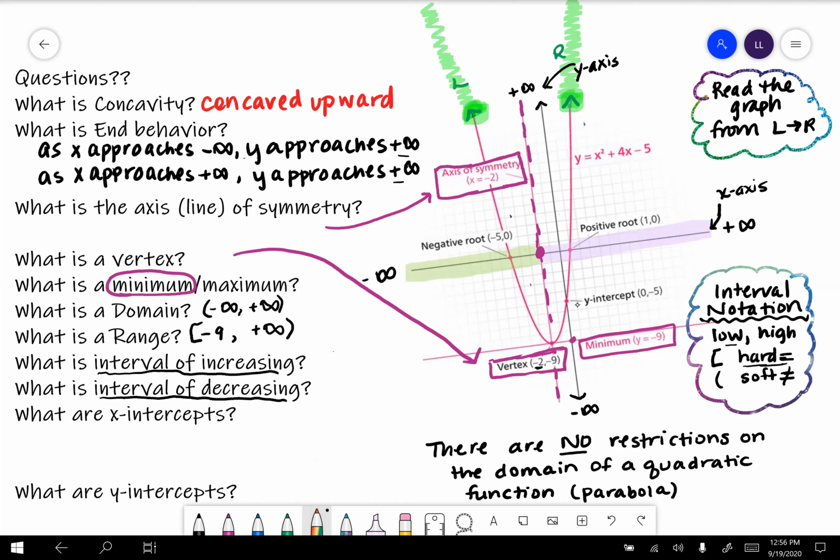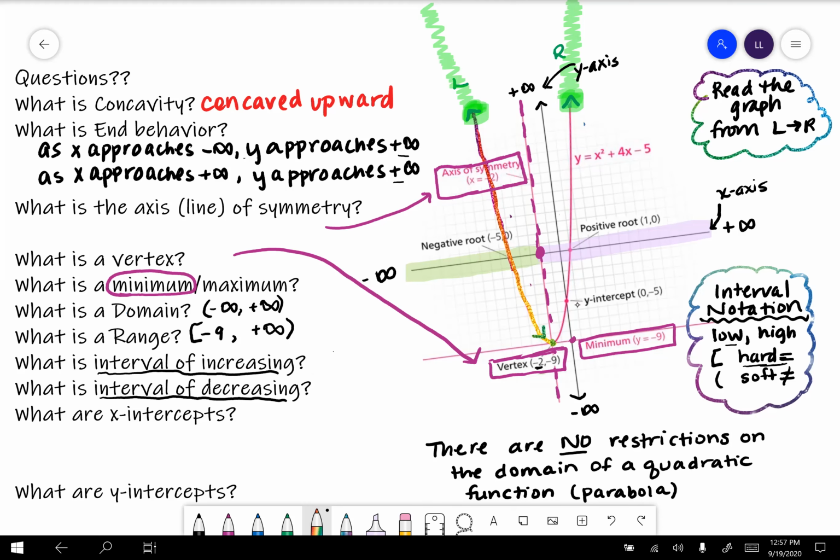If I were to trace my graph on the left-hand side, my y coordinates, not the ends, but the actual y coordinates as I trace it from left to right, is it going up? Is it going down? It is decreasing. And it stops decreasing at the vertex, which is -2.